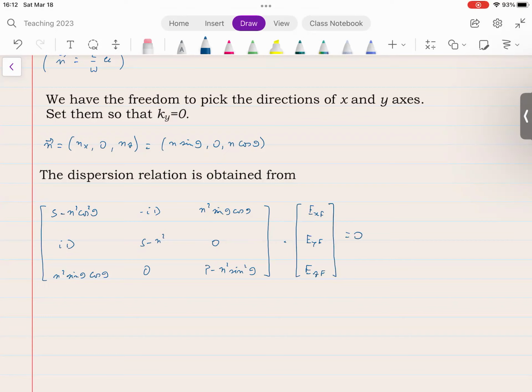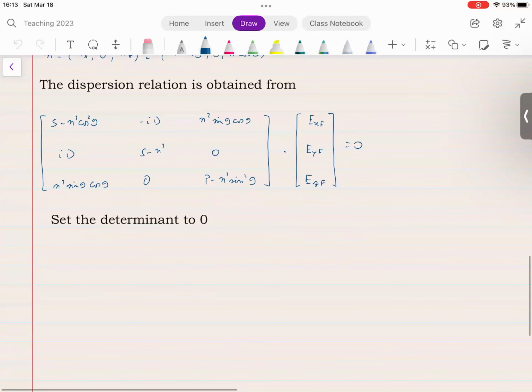You know how to do this, of course. We set the determinant to 0. And that's going to give us an expression of this kind, an expression with n to the fourth.